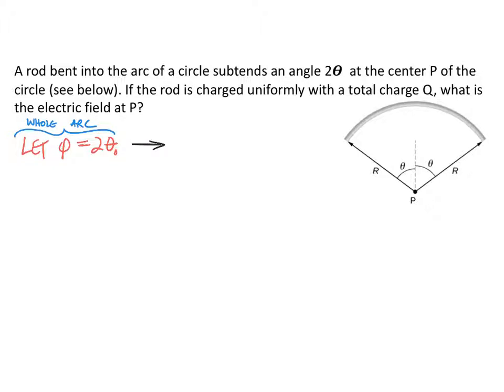And so that leads me to the fact that the charge density is going to be the total charge per unit length. Linear charge density, lambda, would be total charge per unit length. And since it's an arc, that's going to be equal to r theta, but we decided to make this whole angle be the double theta.